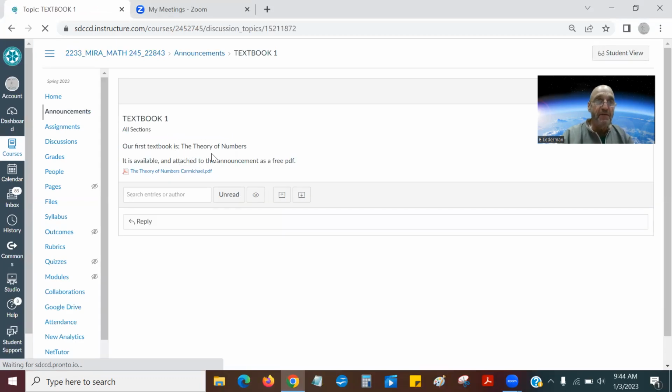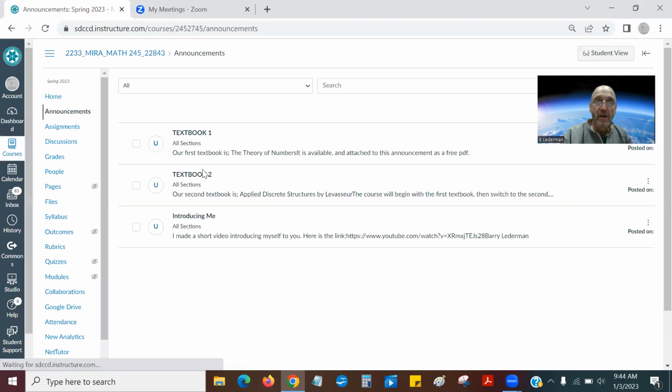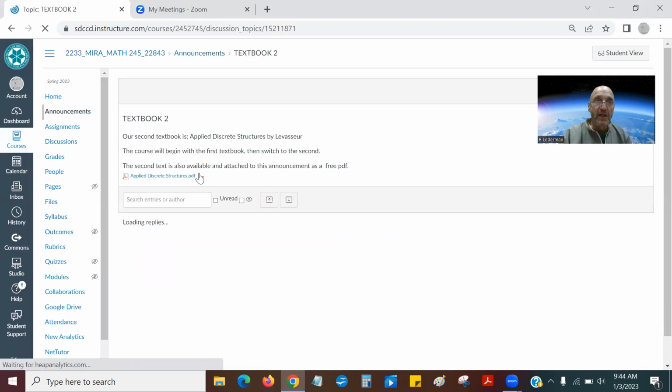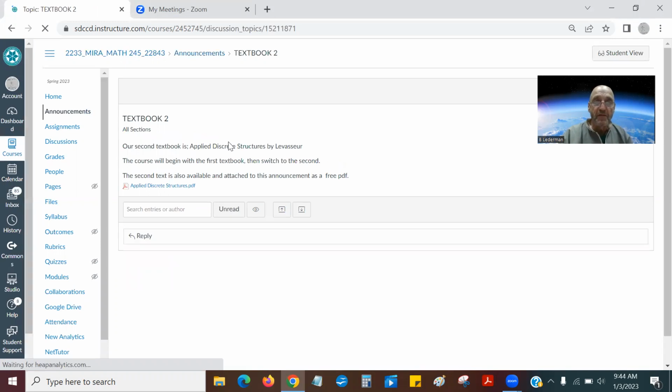It's a free PDF. And textbook 2 is, again, Applied Discrete Structures. Each of these textbooks is available as a free PDF. So you get two texts for the price of none.